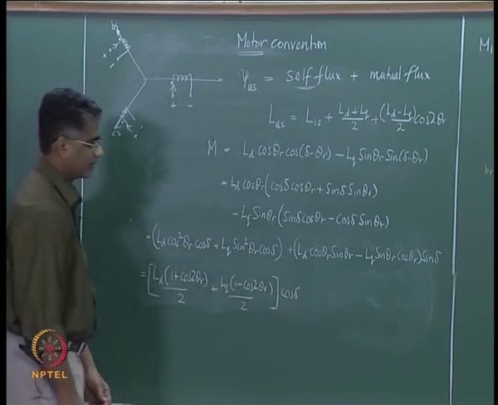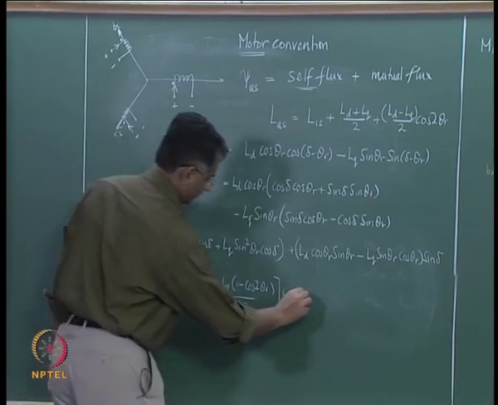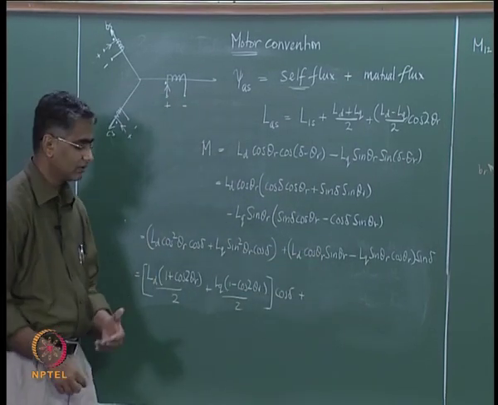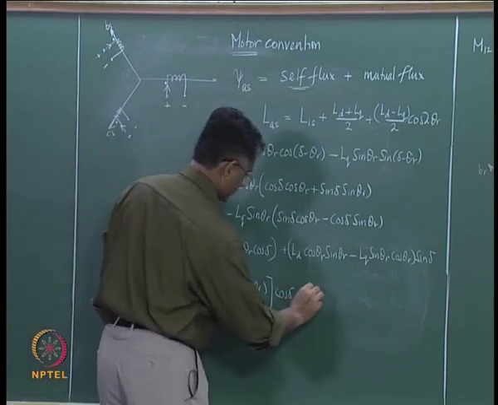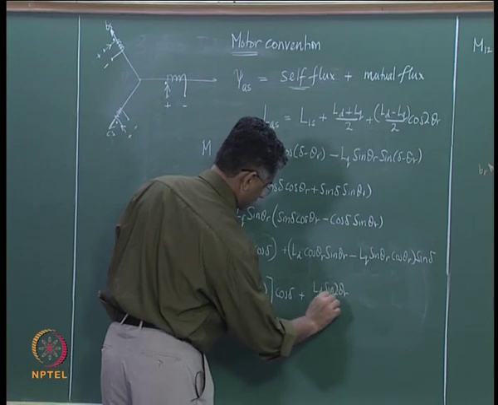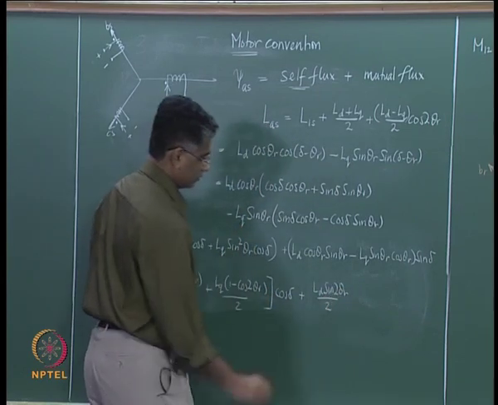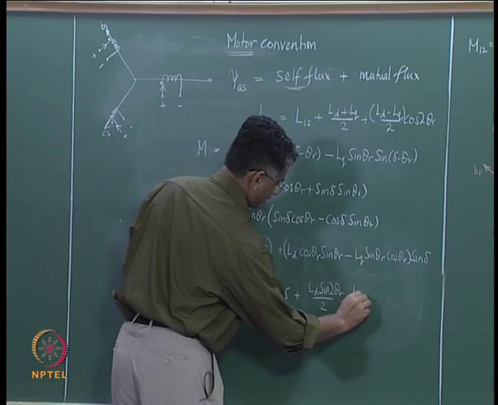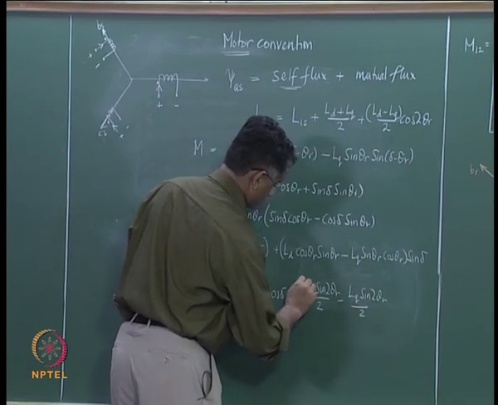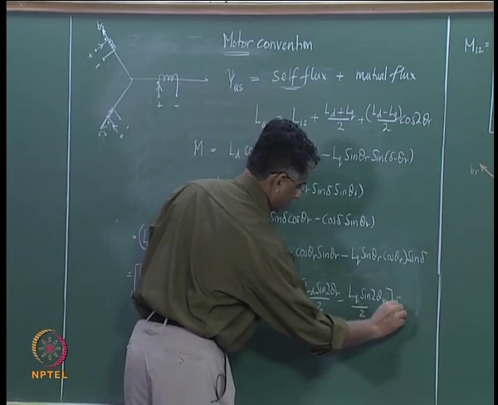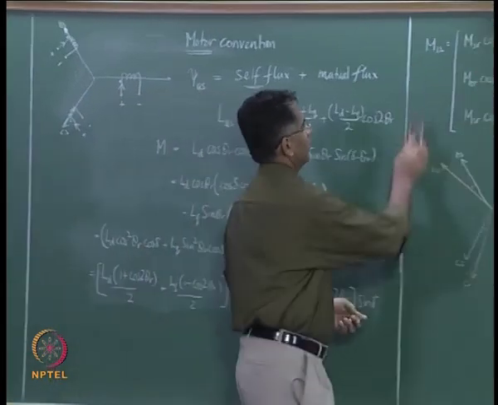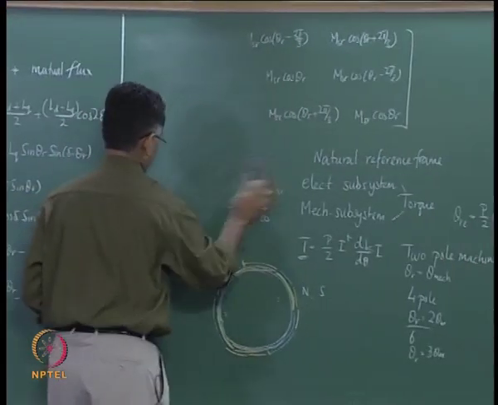So, that is cos delta, and then you have here cos theta r into sin theta r. So, that is sin 2 theta r. So, LD sin 2 theta r by 2 minus LQ sin 2 theta r by 2 multiplied by sin delta. So, let us look at this expression further.